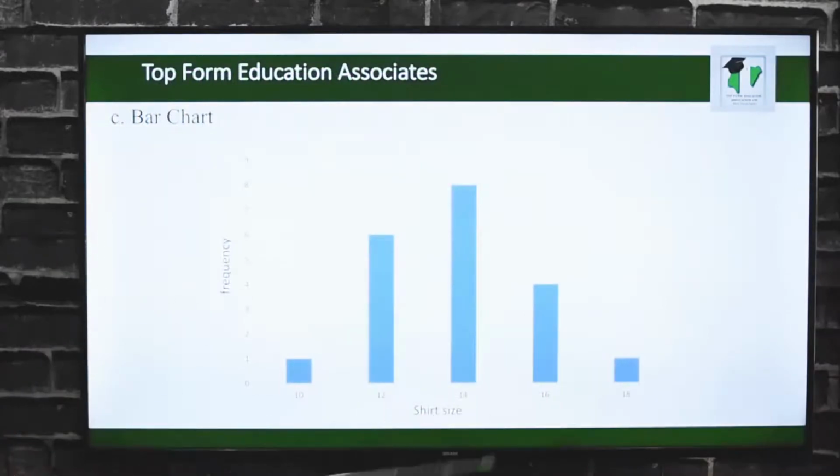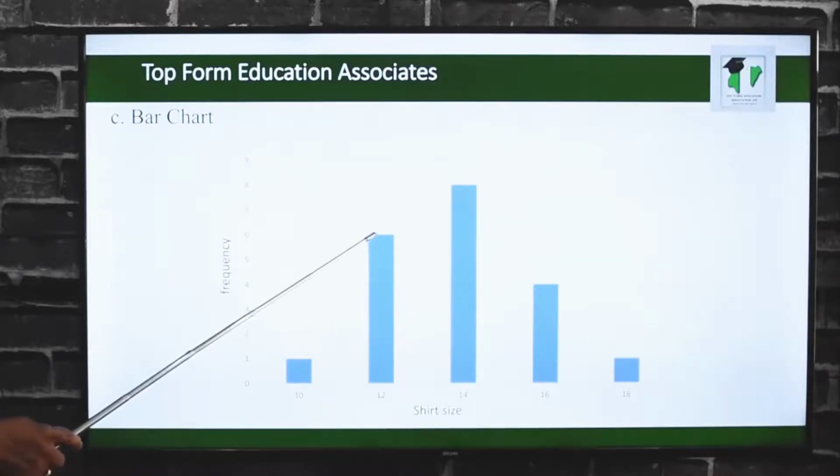Says use bar charts. So in bar charts, you have 2 axes, the horizontal and then the vertical. Under the horizontal, you have shirt size, and in the vertical, we have frequency. Size 10, we have just 1 teenager.